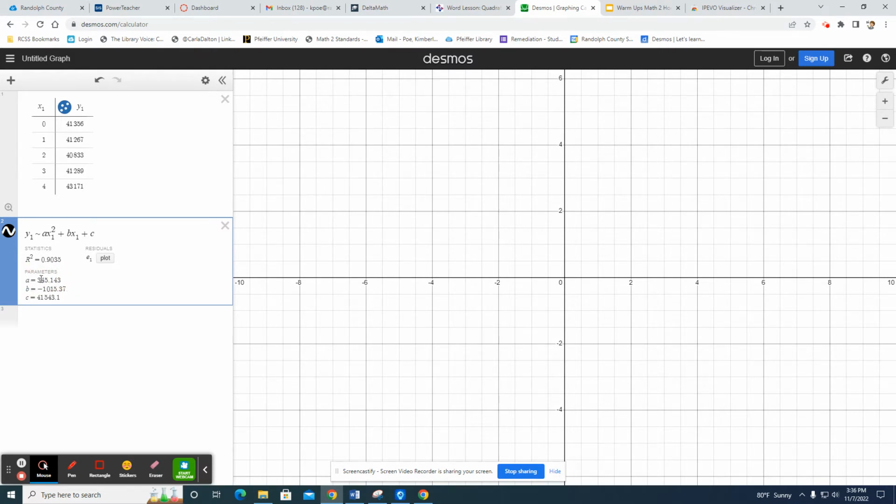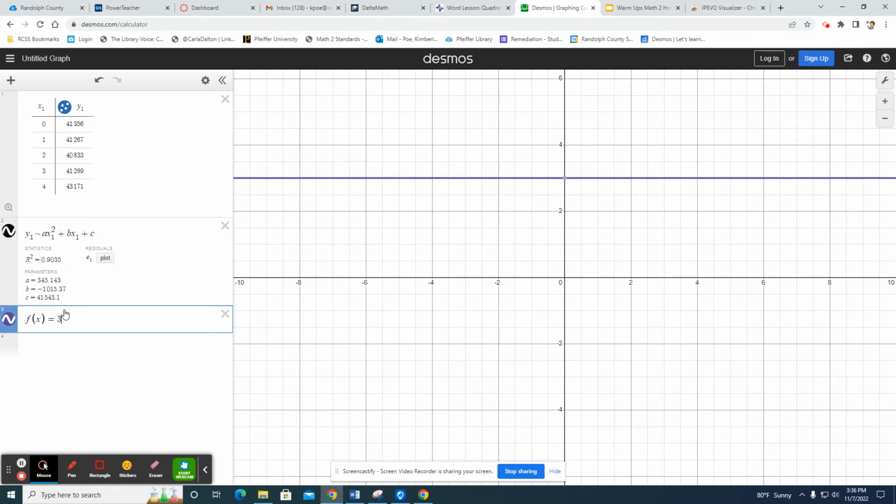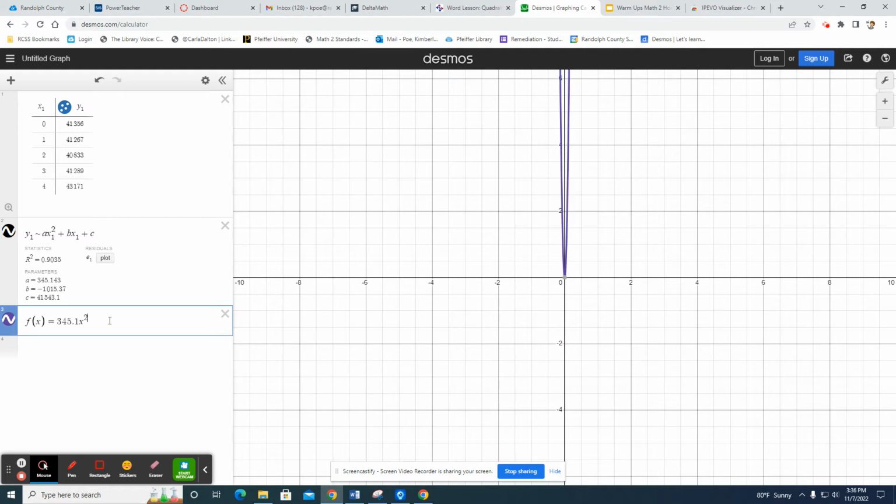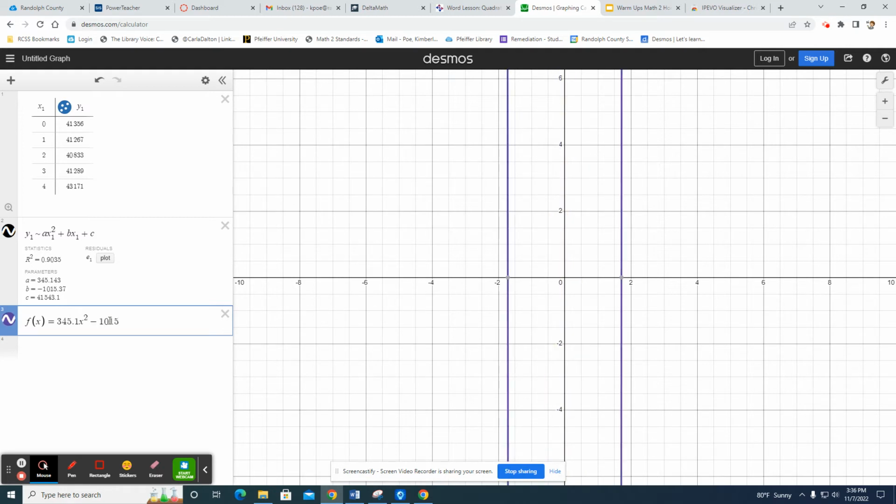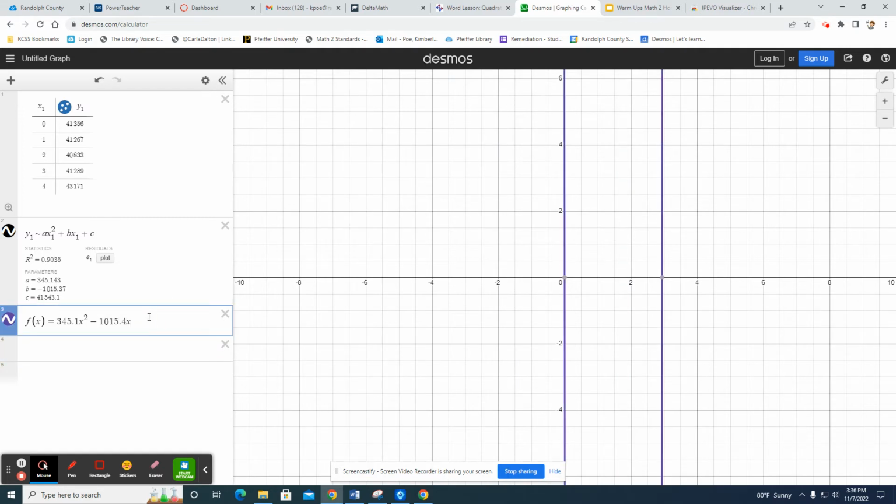I tried to highlight that for you right here. This is where I'm looking, right in here. A, B, and C. That's what we're looking at. So we come down here and we've got f of x equals, now remember, we're rounding to the nearest tenth. 345.1x squared minus 1015.4x plus 41,543.1.